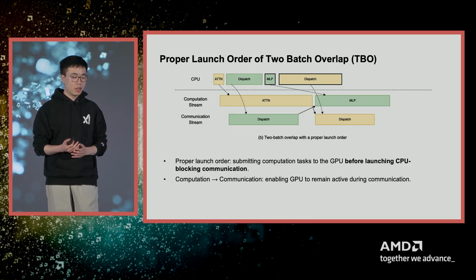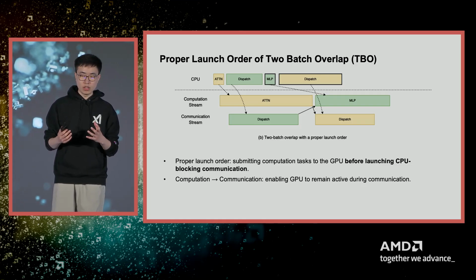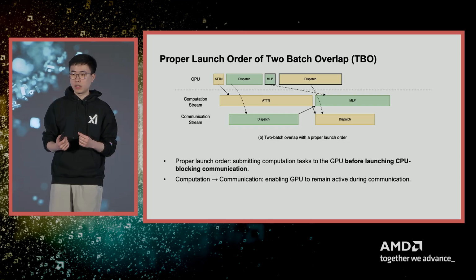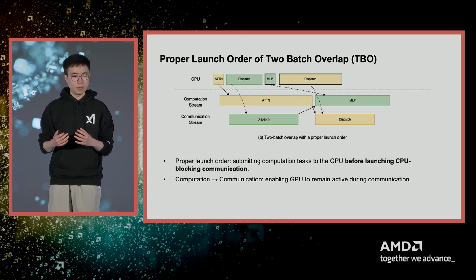You can see here, the yellow boxes are 1 batch, and the green boxes are the other batch. And then on the CPU, we carefully launch them and synchronize them with the correct signal and the stream binding. And then you can see when the computation stream is running attention, the communication stream is running expert parallelism dispatch.